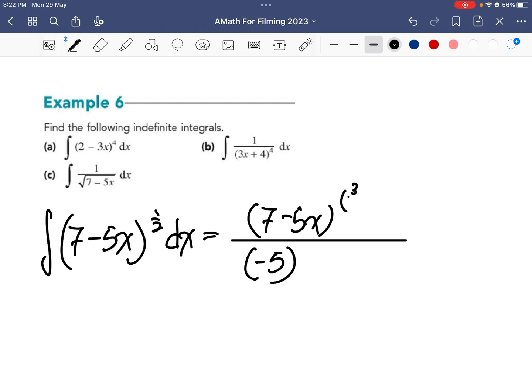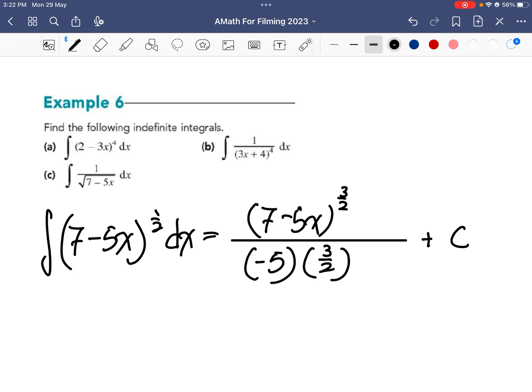Half plus 1 is 3 over 2. So I must divide by 3 over 2. Then don't forget to add c for my integration constant.